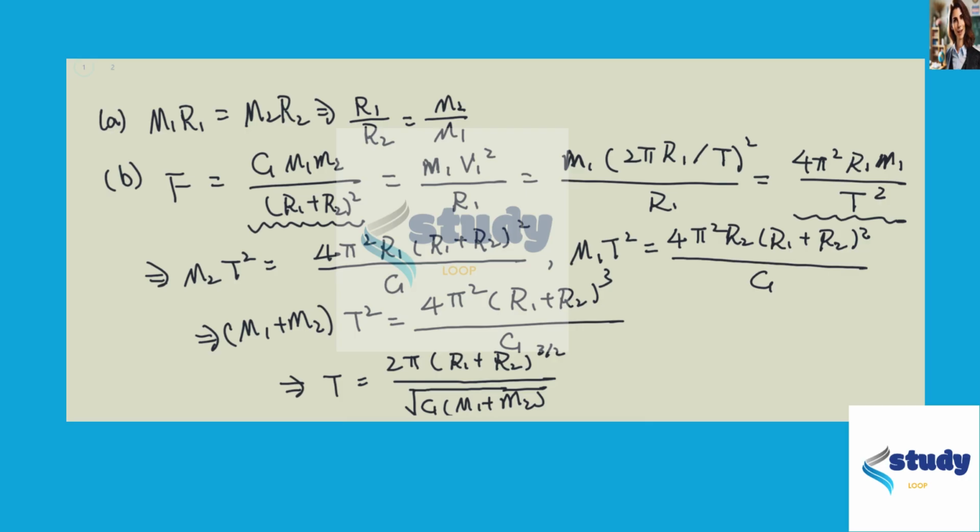So this one is the force between the two stars. From question 1, we know that m1 r1 equals m2 r2, so no matter whether it's r1 m1 or r2 m2, they are equal to each other.